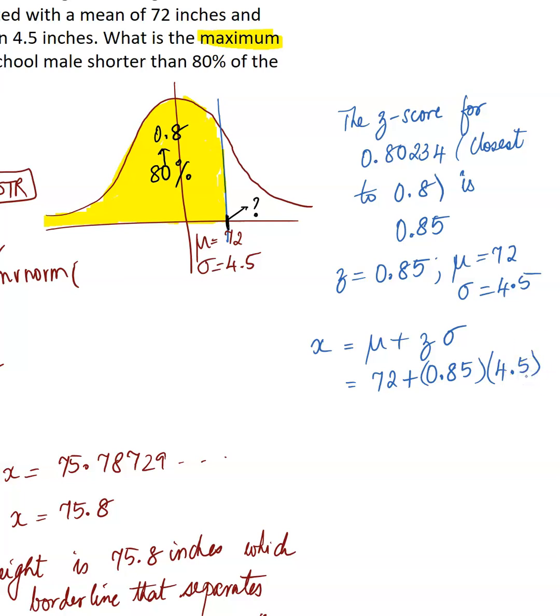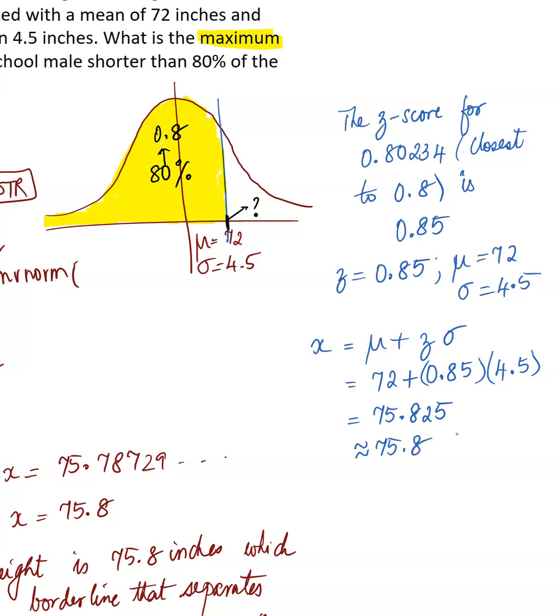Okay, and then of course use your calculator to compute this. And that gives us 75.825. Isn't that neat? So when you round it, it comes back to 75.8.